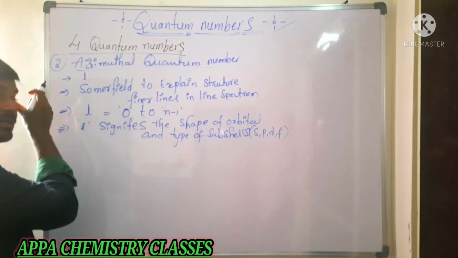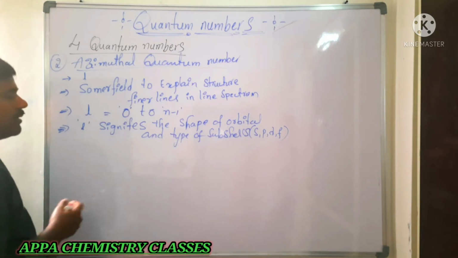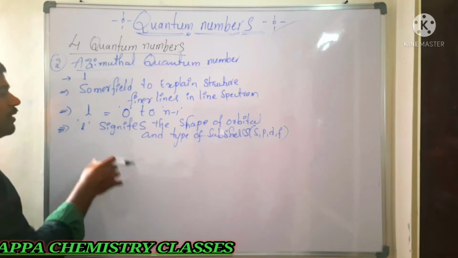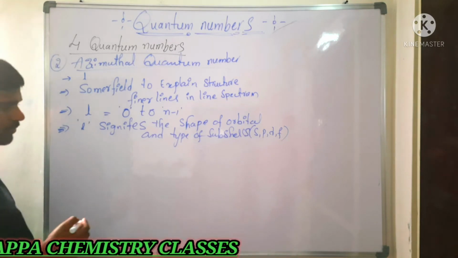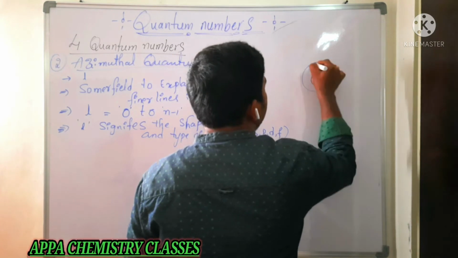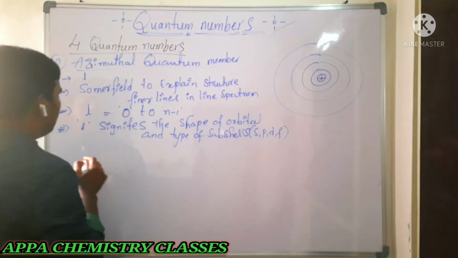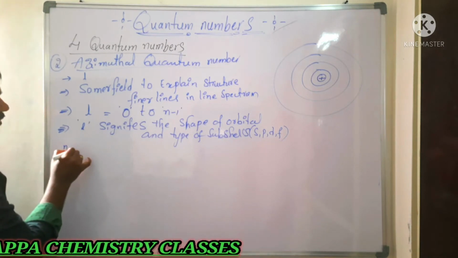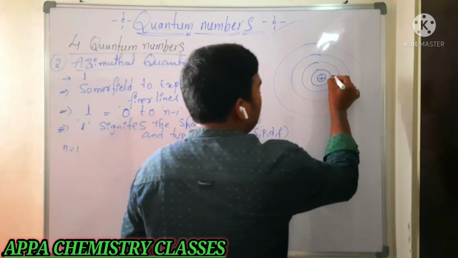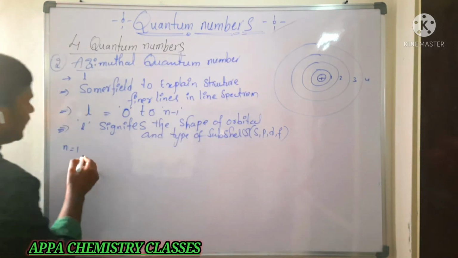In these, in which type of orbital is the electron located? That is, the shape of the orbital is given by the azimuthal quantum number. Here is the nucleus, first energy cell, second, third, fourth. For example, n is equal to 1.